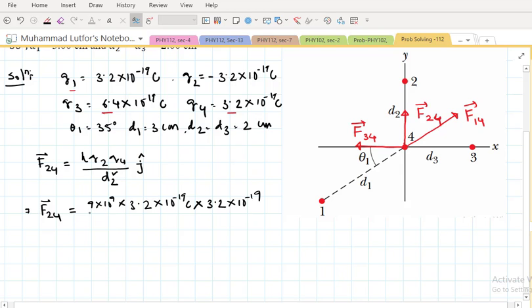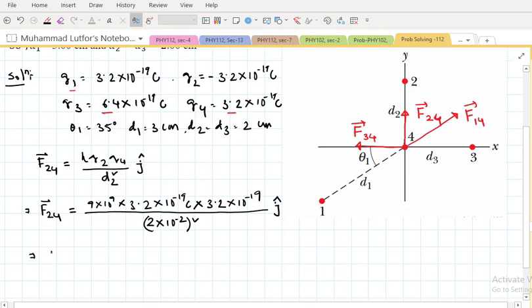Divided by D2 squared. D2 is 2 centimeters, so I should convert that into meters: 2 times 10 to the minus 2, whole squared, times j hat. So this is my force.